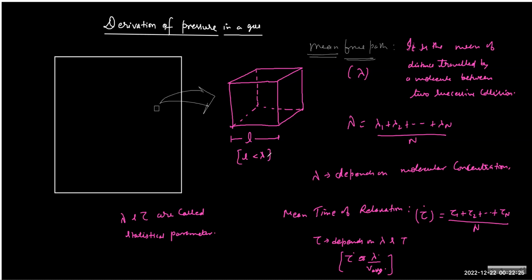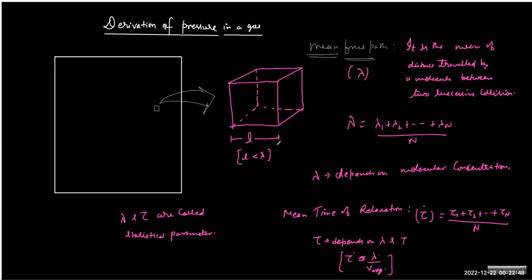Because if I assume L more than lambda, what will happen? It will undergo multiple collisions, isn't it? You can only move freely up to lambda, no?